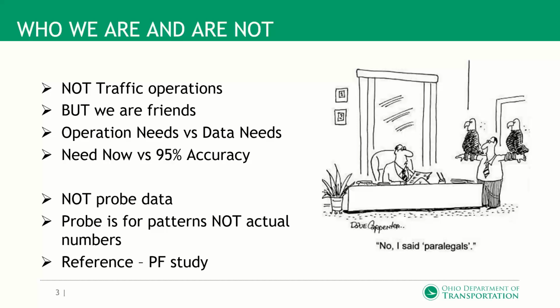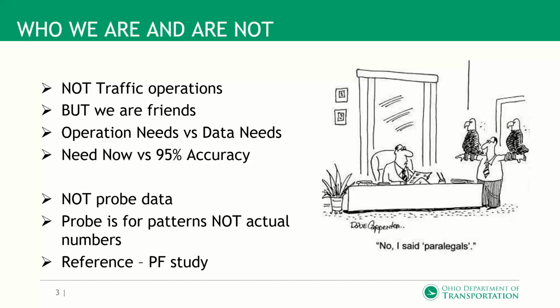Ours is more of a data quality issue. They have an immediate need for data, but we need more of a 95% or better accuracy. So that's important to understand. They're both very important. They're just different facets in the traffic arena.